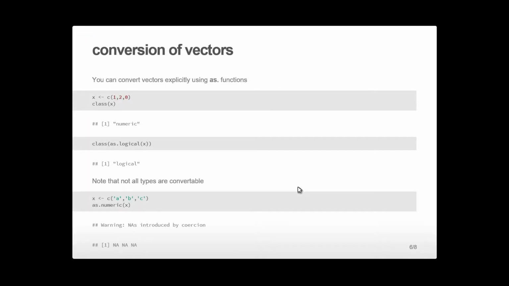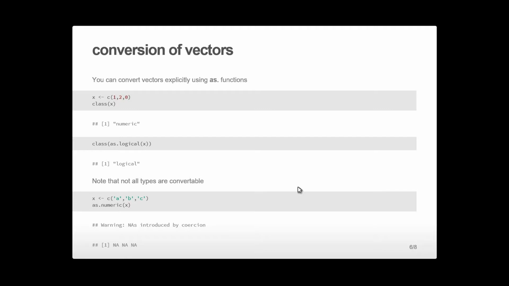Now, conversion of vectors. Sometimes you need to convert the vector into a different type. So, let's say you have 1, 2, 0 as values inside one vector, but you need it as a logical type. You can convert it using the as functions. I think we have seen the as and is functions when we looked at the basic data types. It is the same there, we applied it on specific variables, but now you can apply the same to vectors and the output would be as per the logic.